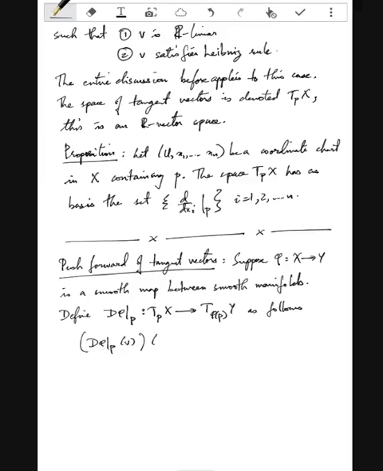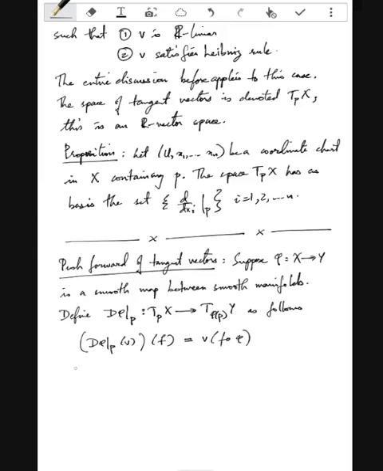So this is supposed to be a tangent vector at phi of P. So what we need to do is, if I take f, which is the germ of a smooth function at phi of P, I need to say how d phi of V acts on f. So we define this as V of f compose phi.